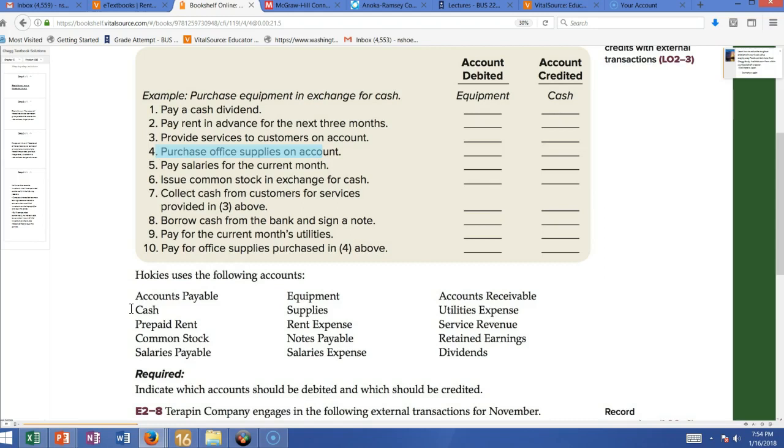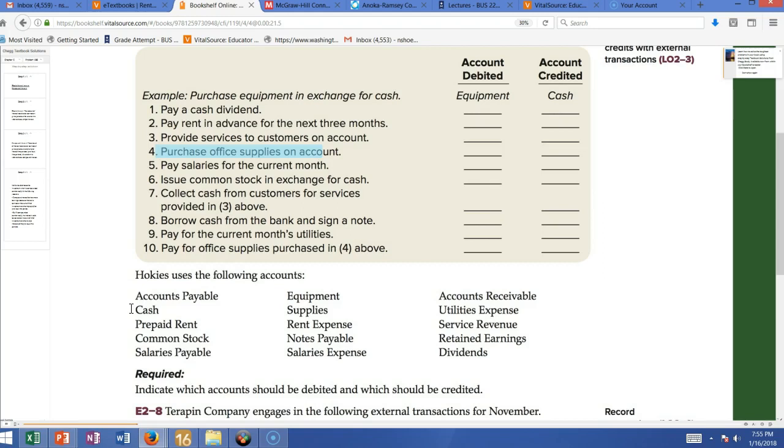Sometimes I emphasize the word cash dividend. So, what two accounts are affected? Cash and dividends. What happens to cash when we pay a dividend? It goes down. What is the normal balance of cash, which is an asset?